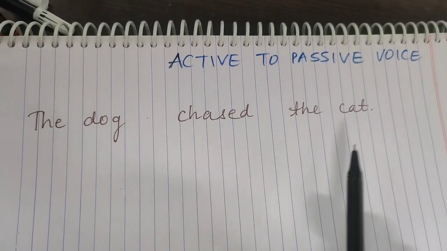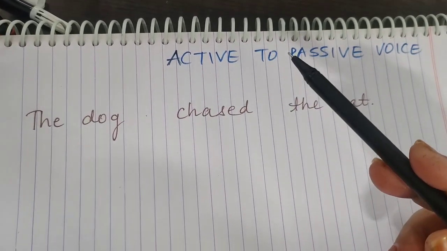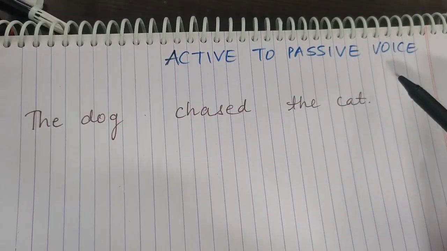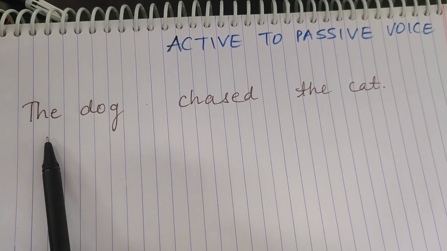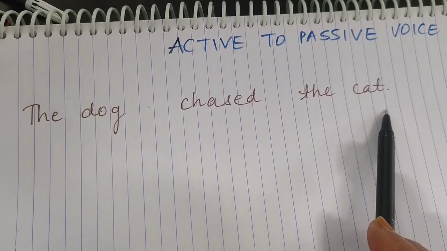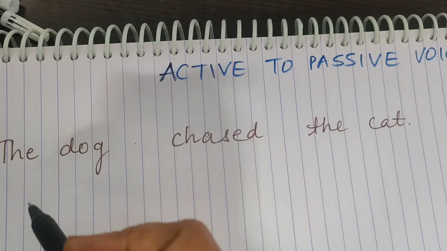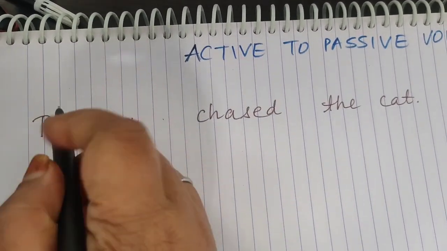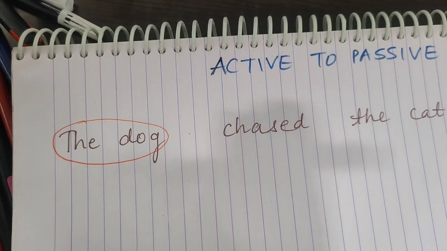Now finally I'm going to take the one last example with you, where I'm going to show you the easiest trick of changing active into passive. I've taken a sentence here, children. The dog chased the cat. You have to first observe that over here the dog is your, what is it?